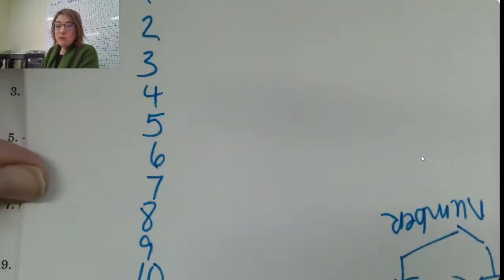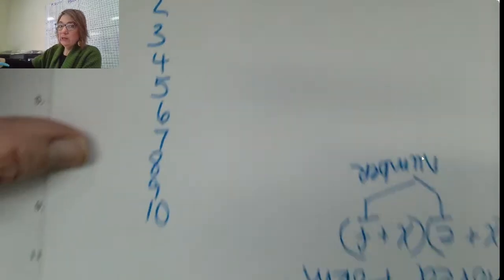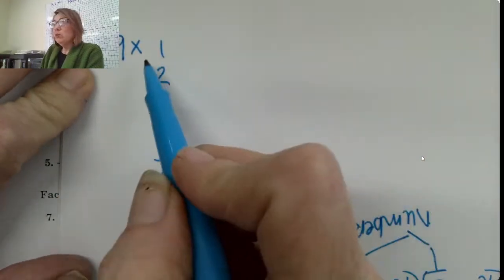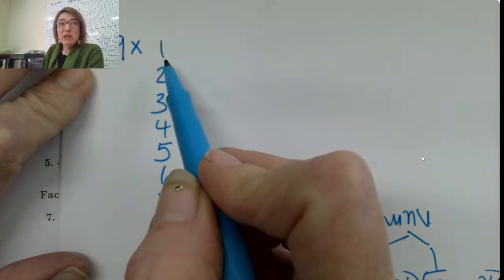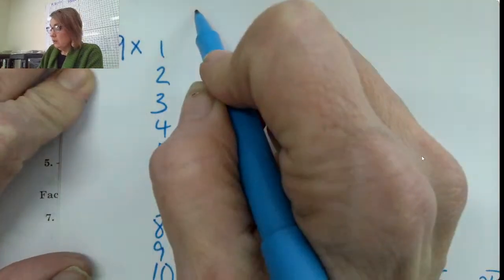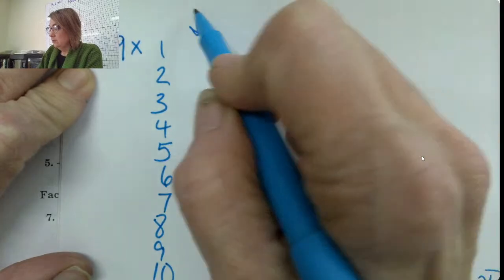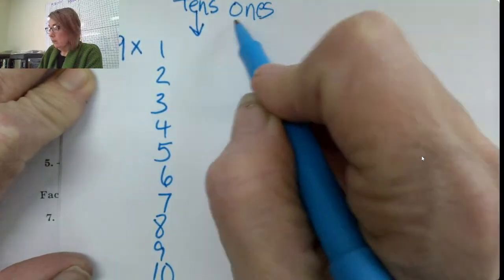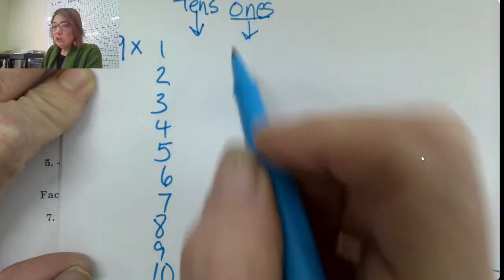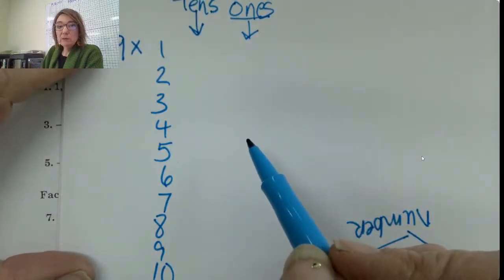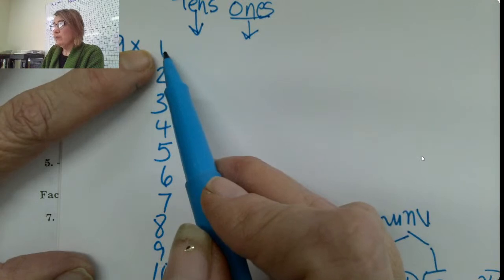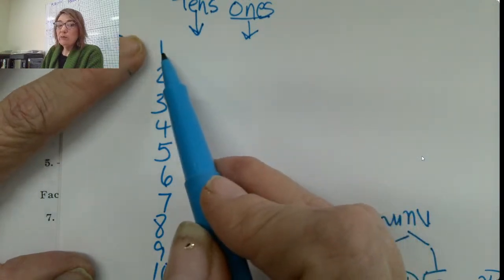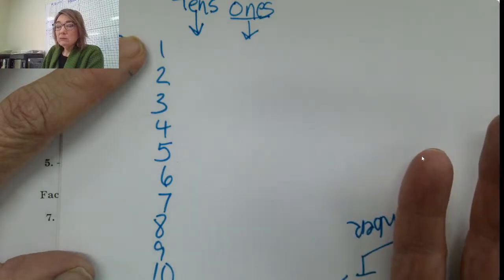And you can do this mentally. You don't have to write this down, okay? If you're multiplying 9 times a number, subtract 1 from that number, and that's your tens column. So what's 1 minus 1?